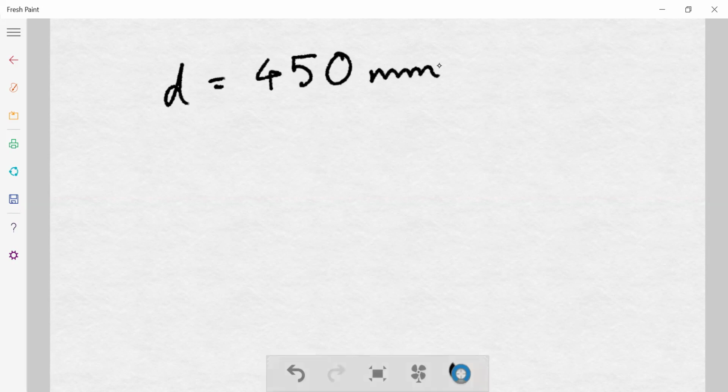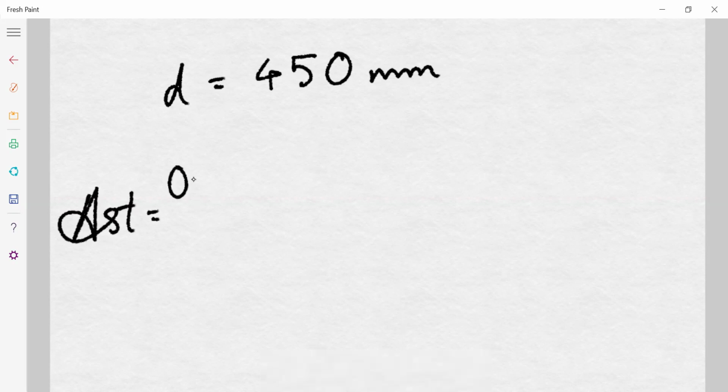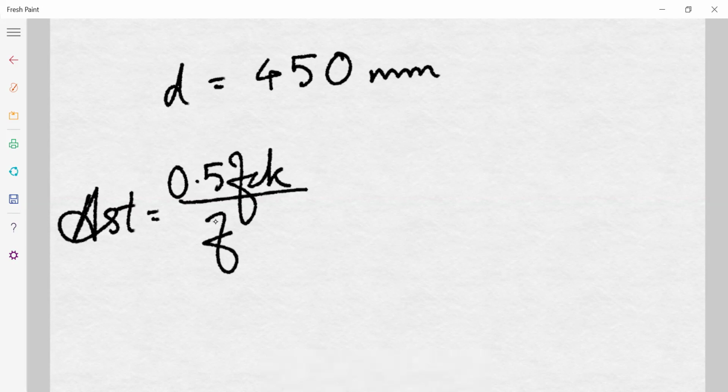Let us assume an effective depth of 450 mm. Now, what will be the area of steel? Moment we have already got. Area of steel formula, as usual. This one.